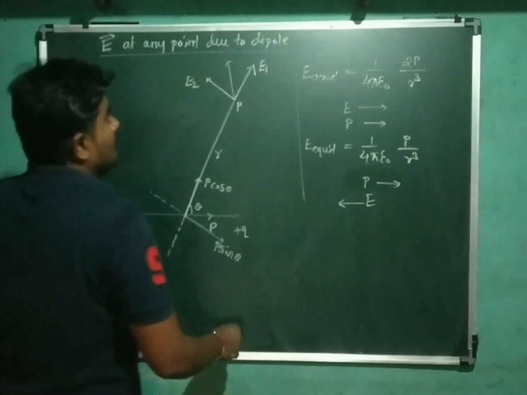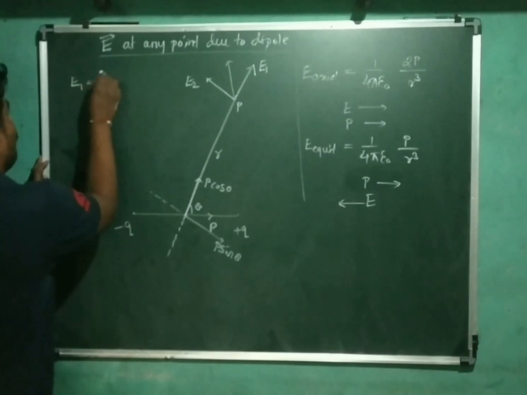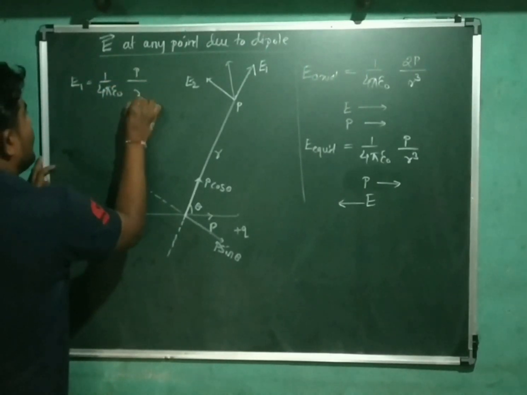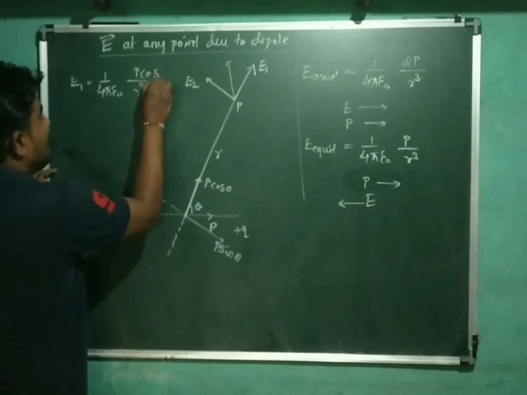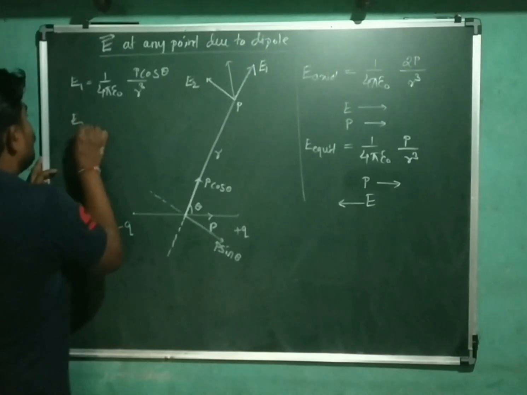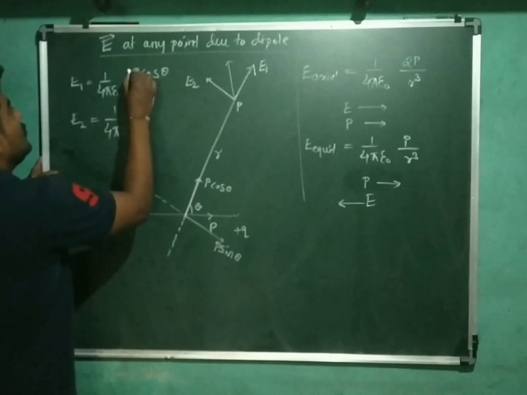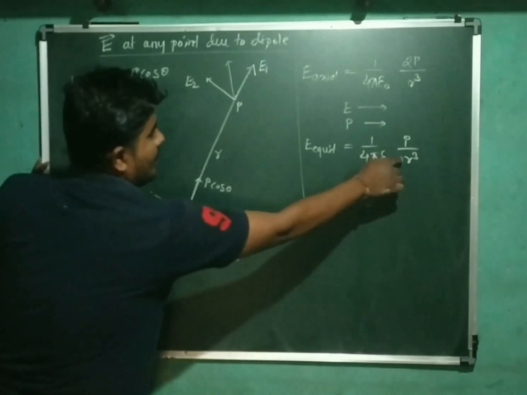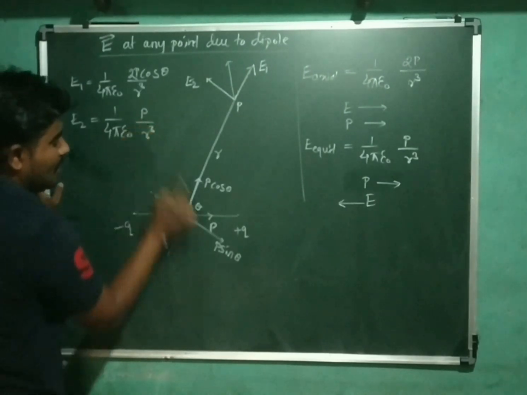As we know, E1 is equal to 1 divided by 4 pi epsilon naught 2p divided by r cube, but in place of p, I am supposed to write p cos theta. And similarly, E2 is equal to 1 divided by 4 pi epsilon naught p divided by r cube, but in place of p, I am supposed to write p sin theta.